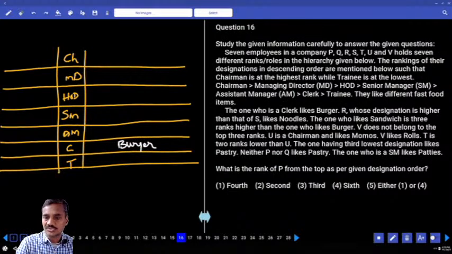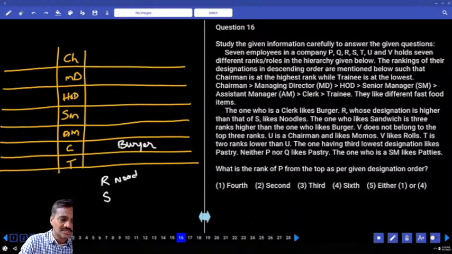And R, whose designation is higher than S, R who likes noodles, is above S. And the one who likes sandwich is 3 ranks higher than burger. 1, 2, 3. Now the one who likes sandwich is the head of the department, and that person is 3 ranks higher than the one who likes burger.